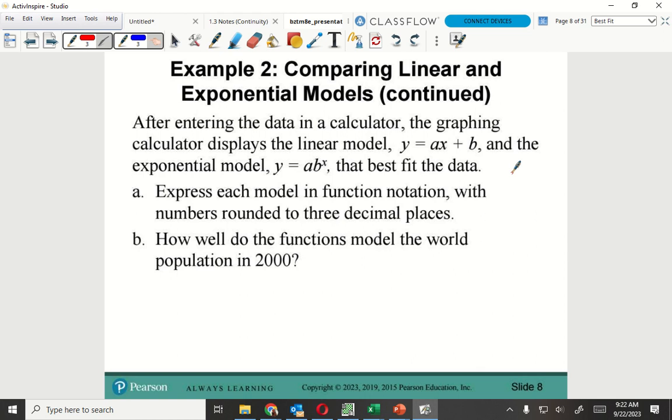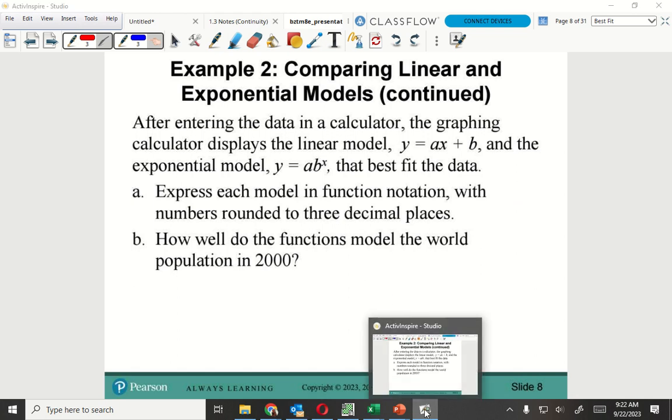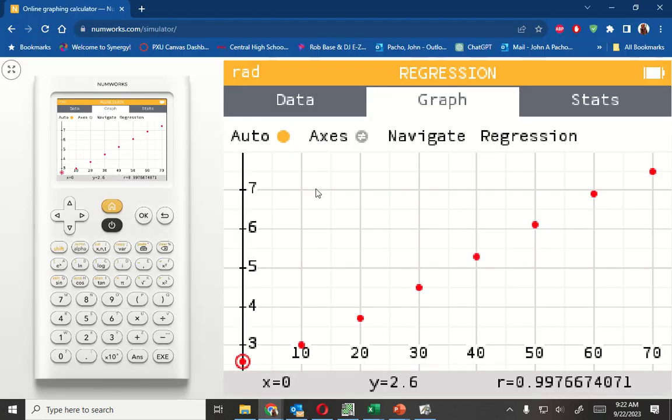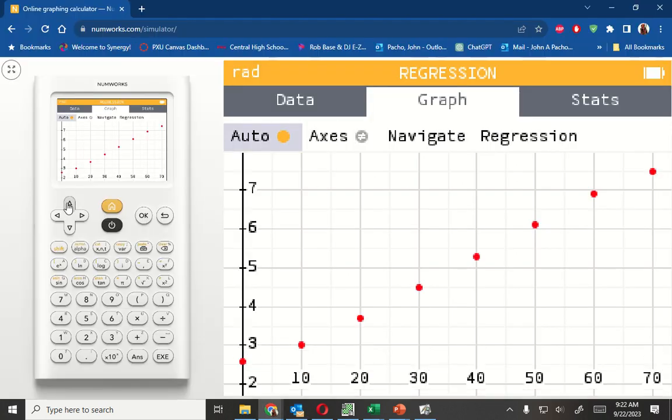So let's do a linear one for this one. So I'm going to arrow up. Let's go to regression. I know you guys are writing yourself notes on how to get there and what to do. Very detailed notes on where you go to, right?